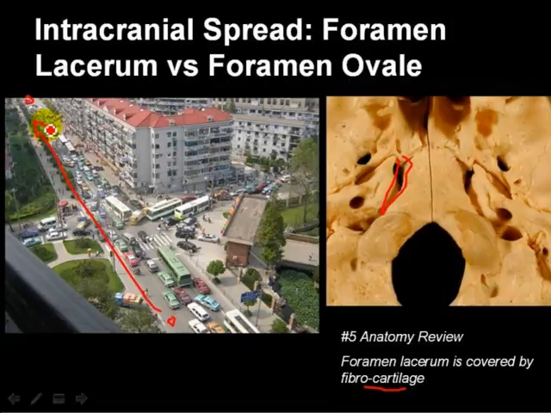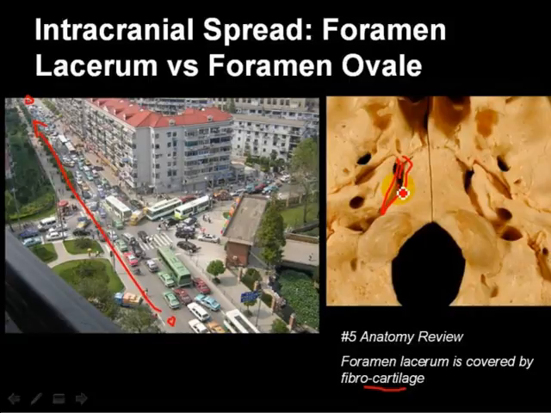It means that there's a lot of resistance. So if a tumor wants to spread through the foramen lacerum, it's very difficult because of the resistance provided by fibrocartilage. And we know that fibrocartilage is one of the most difficult to erode substances in the body. Tumor finds it exceedingly difficult to erode cartilage.